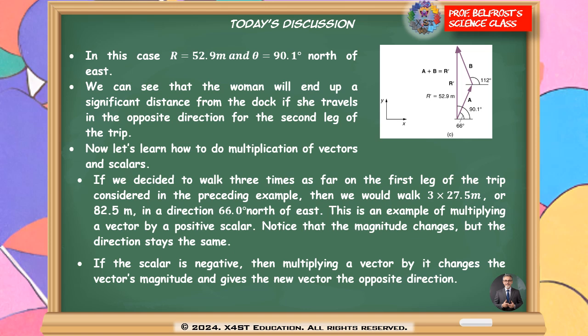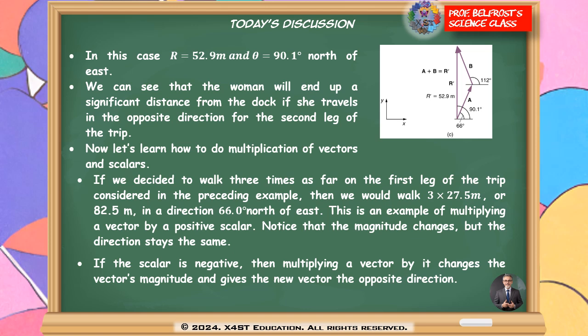It's about that value. The way of solving this graphically is shown on the right side of the slide. So you can see that the woman will end up a significant distance from the duck if she travels in the opposite direction for the second leg of the trip. So that's done for the example.